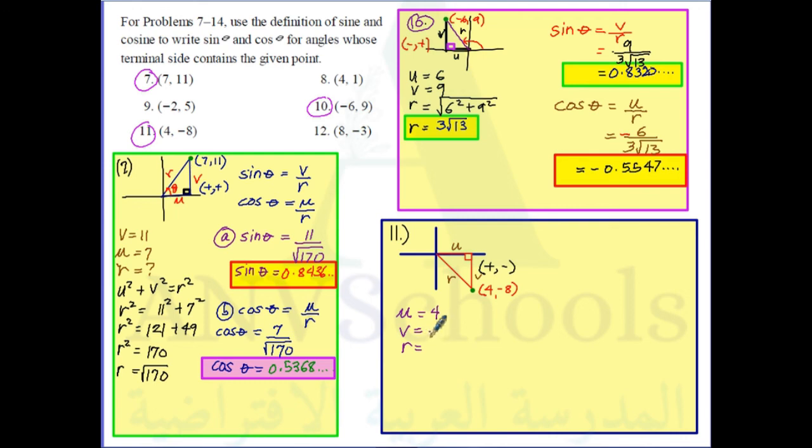The negative is essential in predicting what the value of cosine or sine is, so it will depend on the quadrant wherein the point is. Okay, so our r here is equal to the square root of 4 squared plus 8 squared. That would be 4 square root of 5.